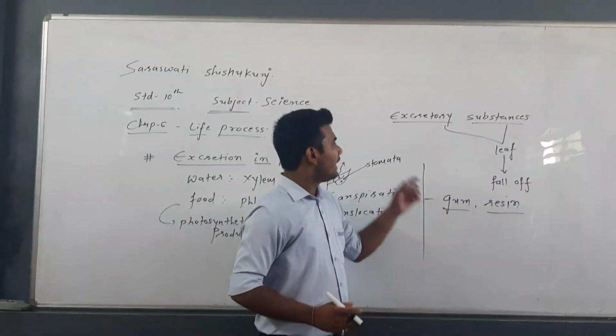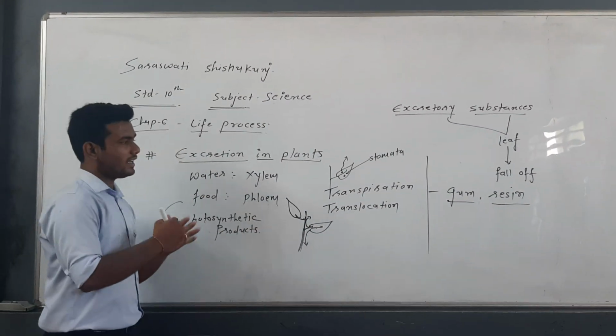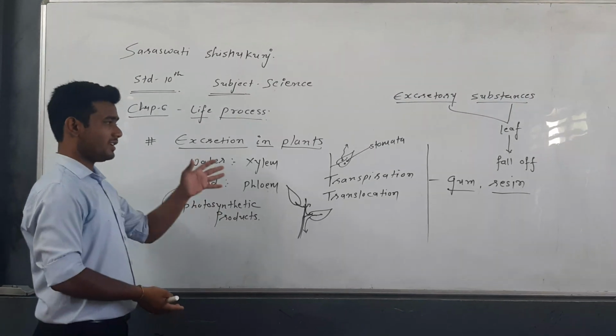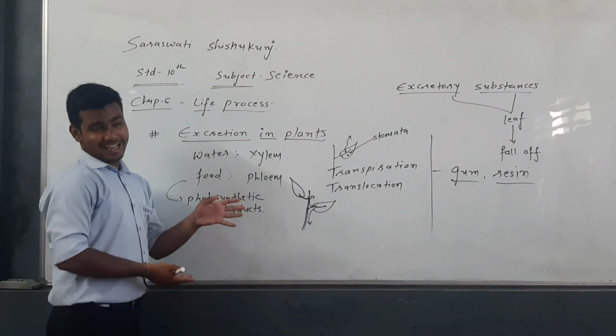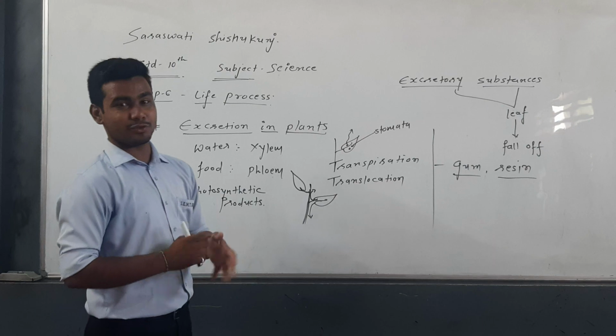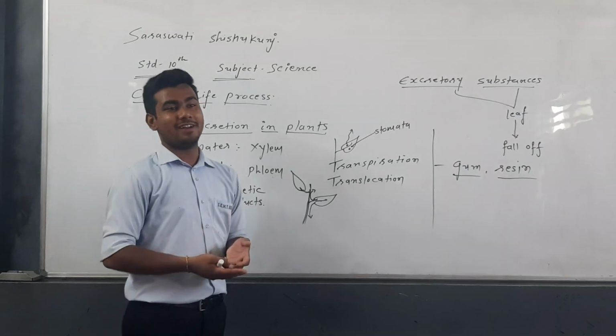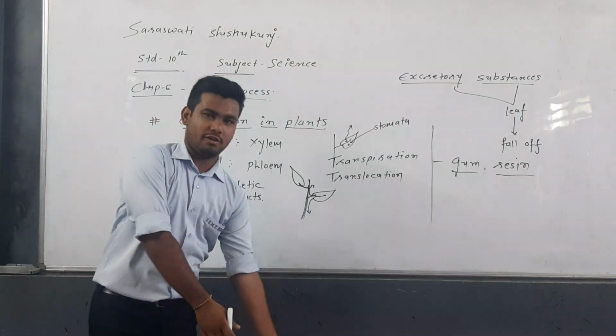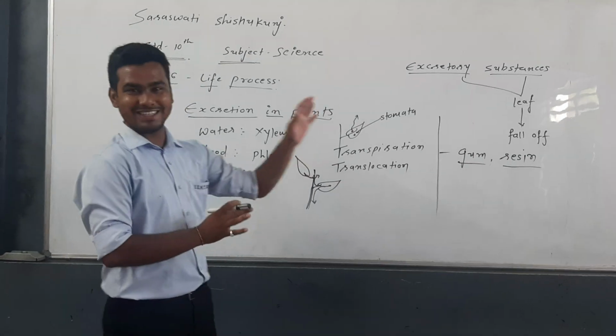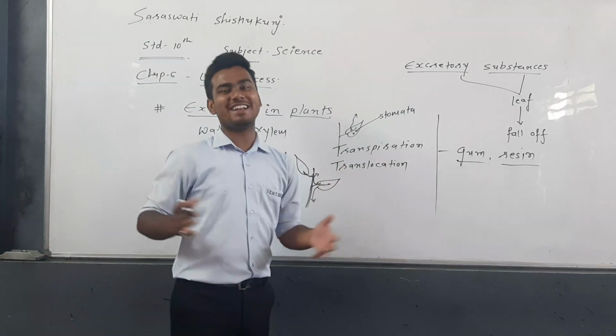So, as excretion is done in humans, similarly excretion is done in plants. But this excretion is different in comparison to humans. In humans, it doesn't happen that excretion is done and your hand falls off. It only happens in plants because we have a well developed system.